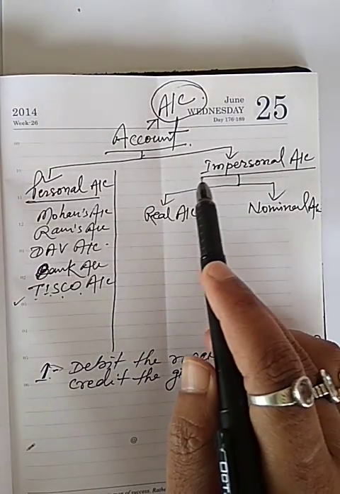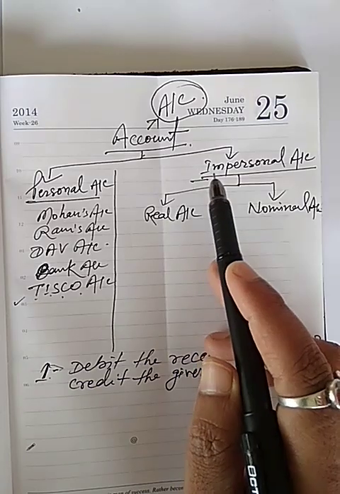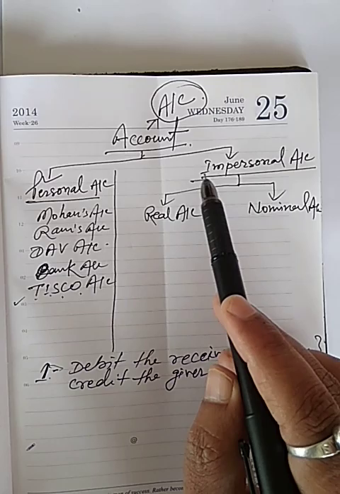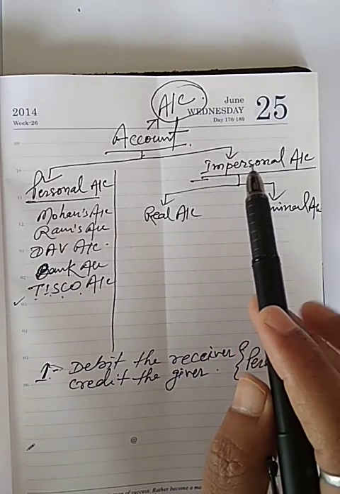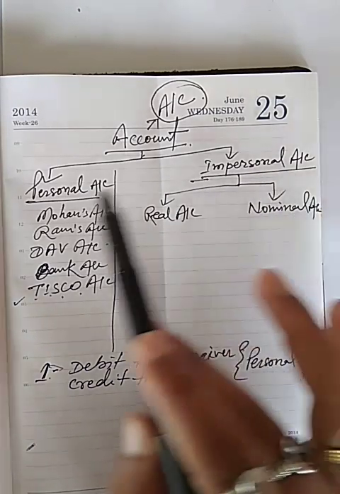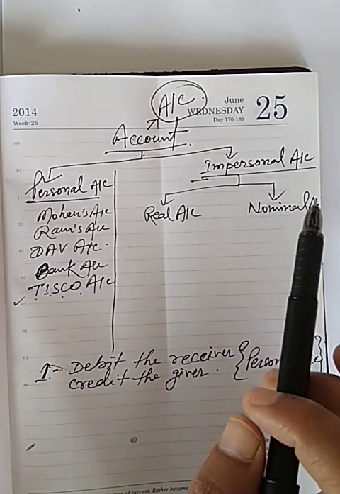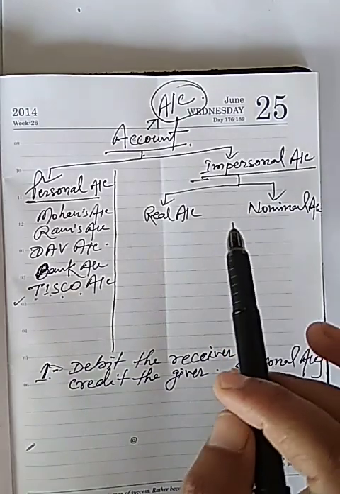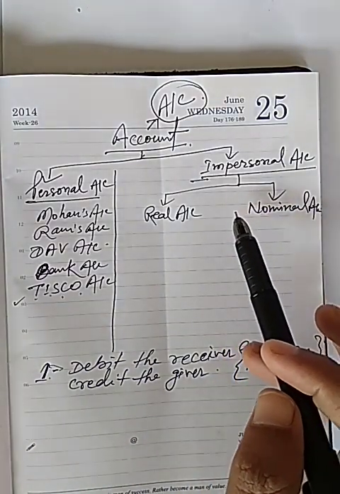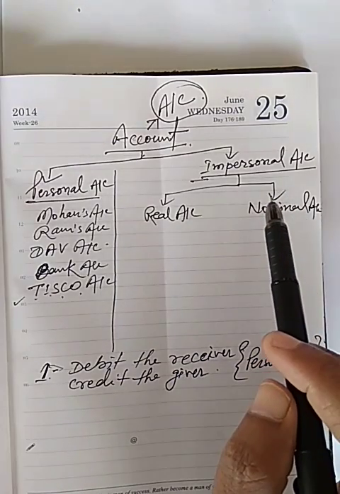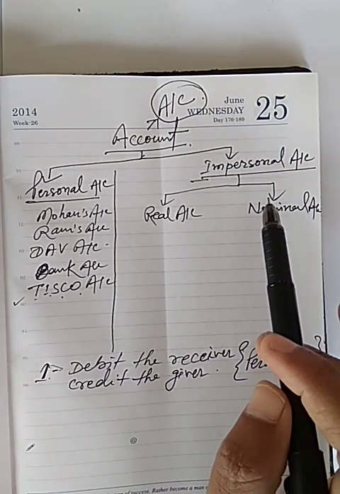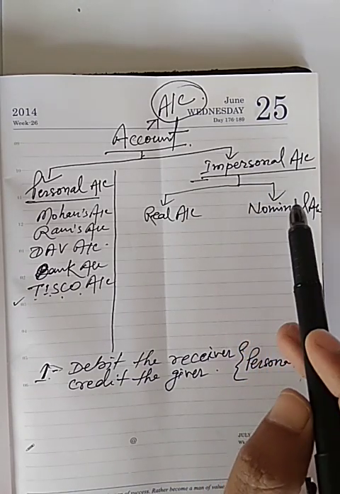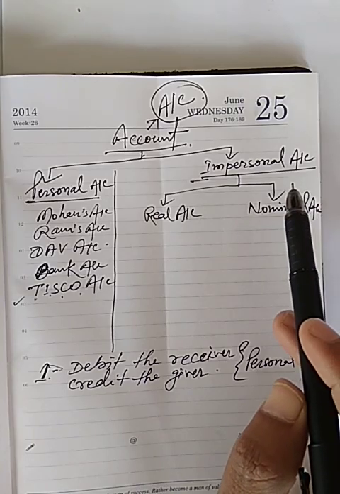Now, impersonal account: the account which is not related to any person or institute is known as impersonal account. Impersonal account is of two types: real account and nominal account.